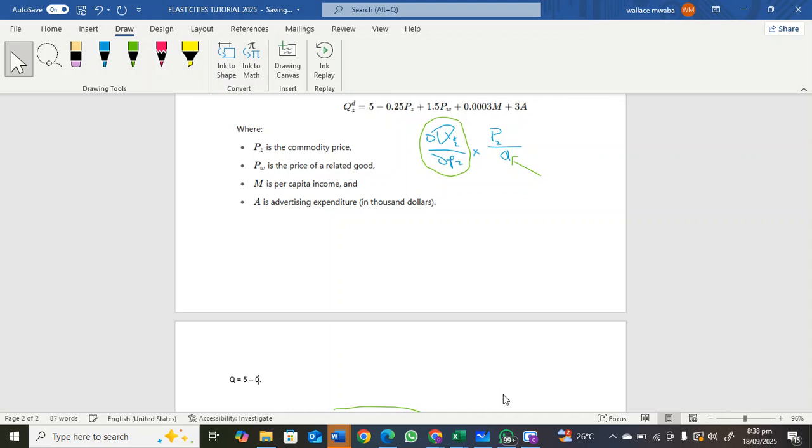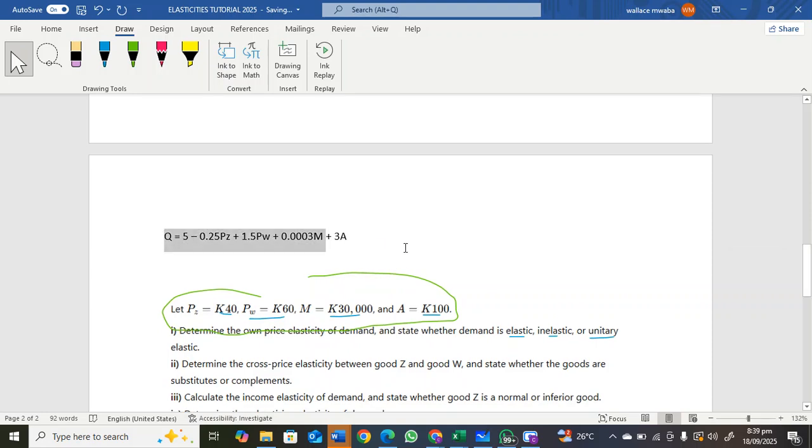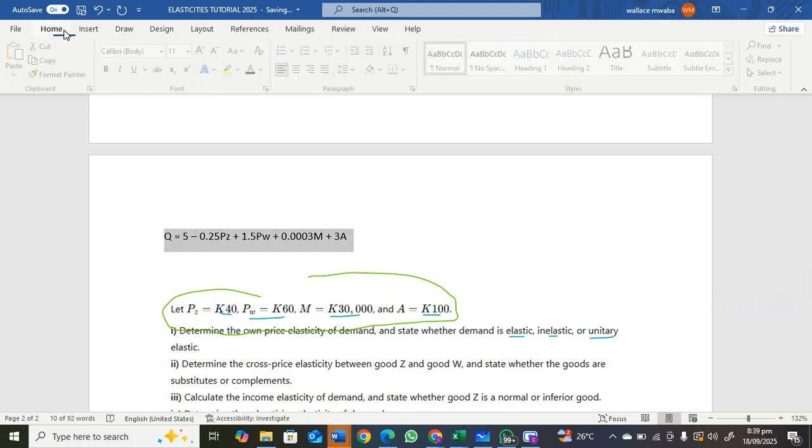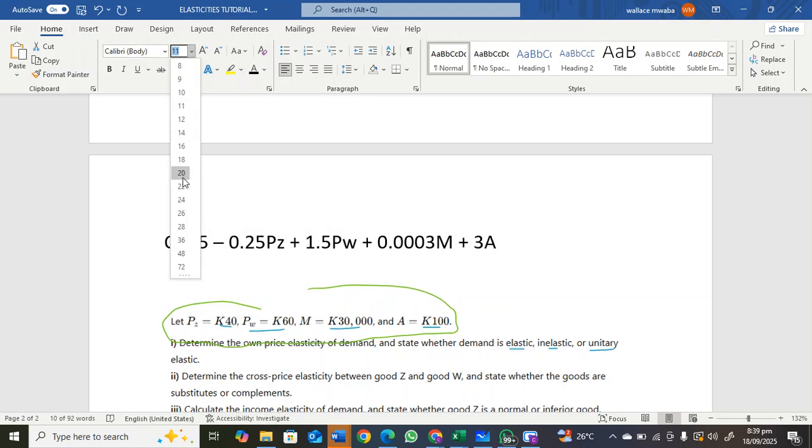Just let me write down the whole function so that we do the substitutions. Okay, so we have our demand function here. We need to substitute those values into our demand function so that we can find Q.